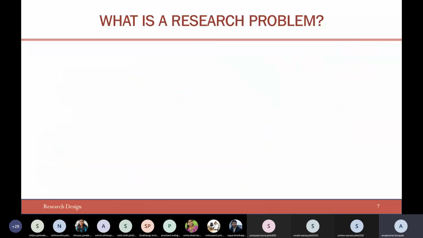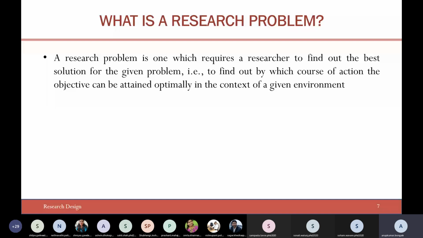Now moving ahead. So finally, what we can come up with is that a research problem is one which requires, let me underline, researchers to find the best solution for the given problem, to find out by which course of action the objectives can be attained optimally in the context of the given environment.